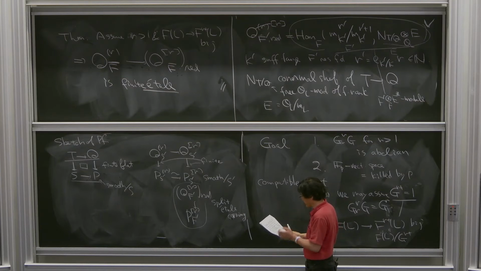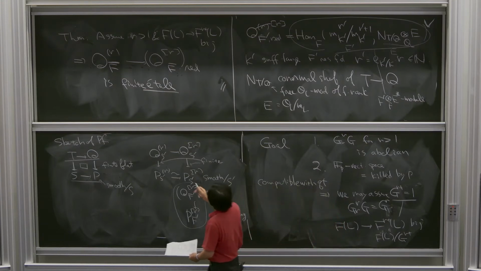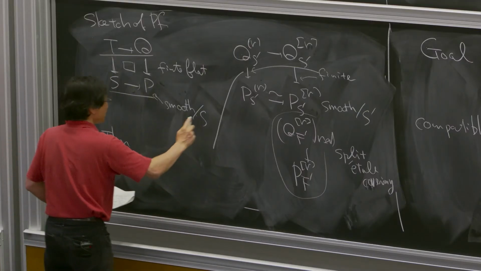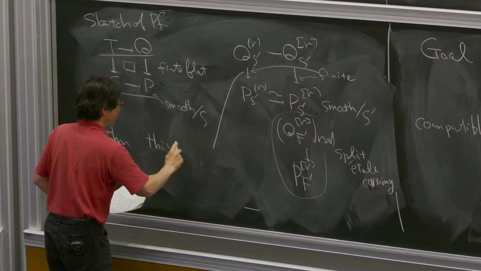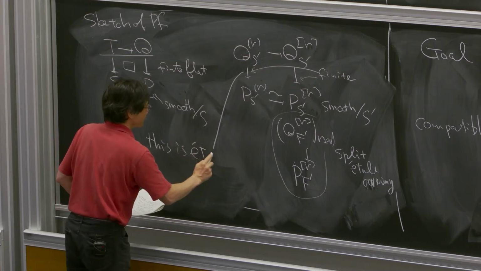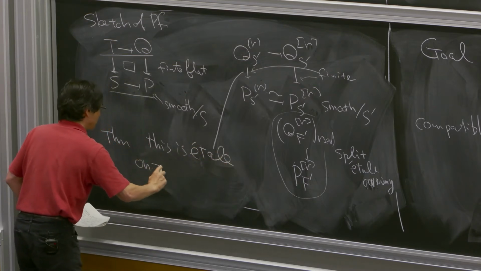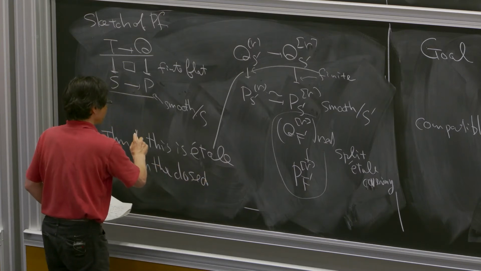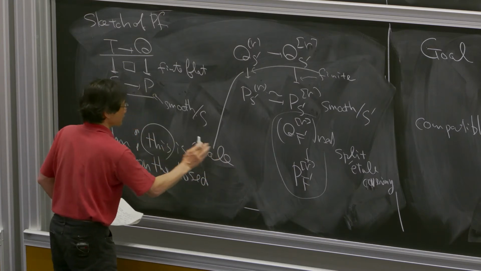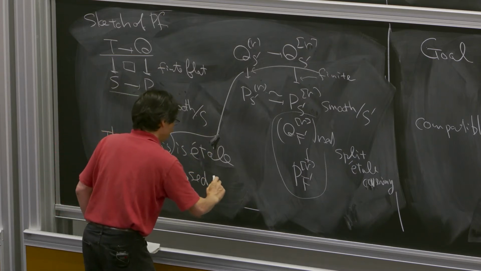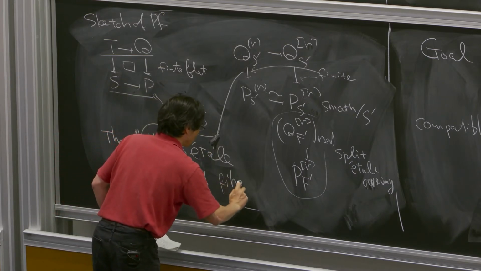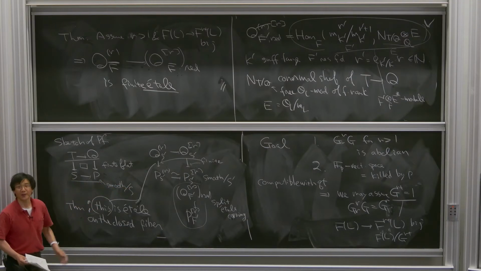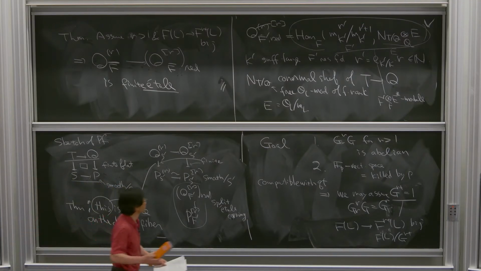And we look at this distribution from this. So the theorem says that this is eta on the closed fiber. So we want to show that this map is eta on the closed fiber.